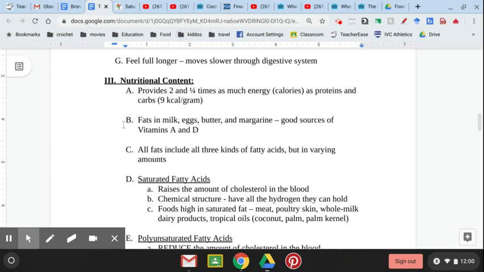Okay, and we'll look a little bit more at the breakdown of fatty acids here, but like I said, that fat gives us 2 to 4 times as much energy, more than the 4 calories per gram protein and carbs give us. Dairy sources are some good sources of fat. We just have to limit how much we take. But like, even looking at that, dairy products have vitamin A and D. The fat in the dairy products helps that vitamin A and D get where they need to go in your body. Okay, we'll come back in a minute and look at the breakdown of the fatty acids.